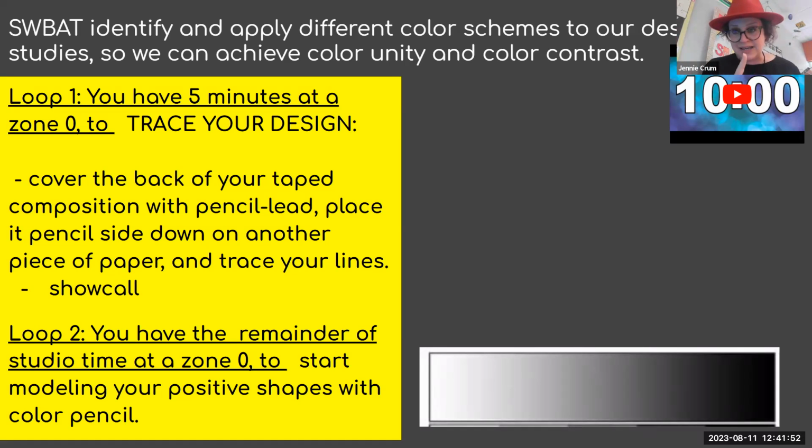Hold on just a second. I got to grab my artwork. All right. What you can start doing though is actually shading the back of your composition. I'll be right back.